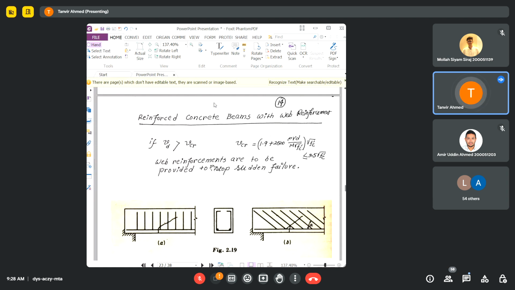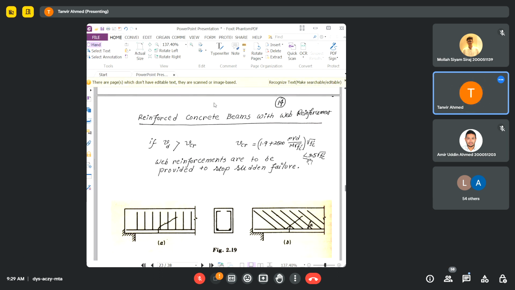in that case you need to provide the shear reinforcement, or the web reinforcement. Web reinforcement or shear reinforcement, we will use them interchangeably, they are the same thing. Obviously for calculating the shear strength contribution from concrete, this is the equation we already discussed.